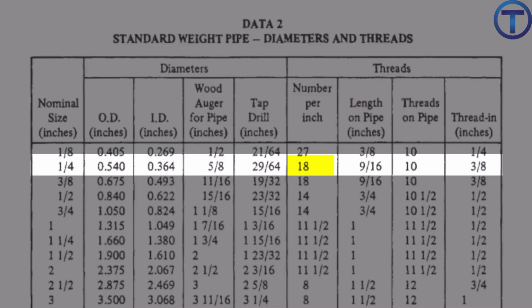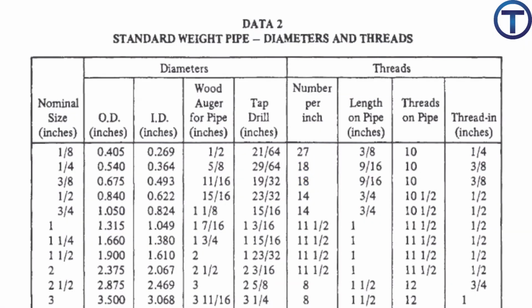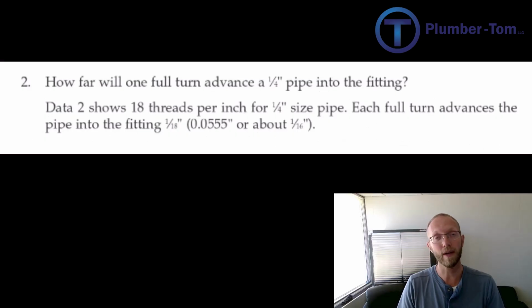Each full turn would advance that 1/18 of an inch, or 0.0555 inches, which is pretty close to 1/16 of an inch. We're just going to round and say every time it goes around, it moves onto the pipe about 1/16 of an inch.